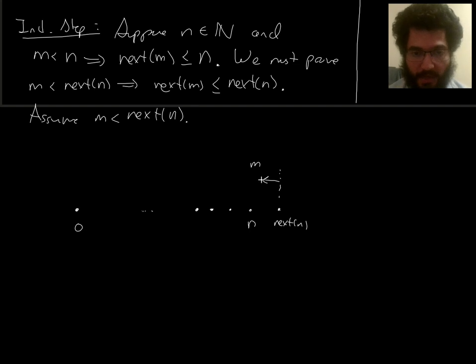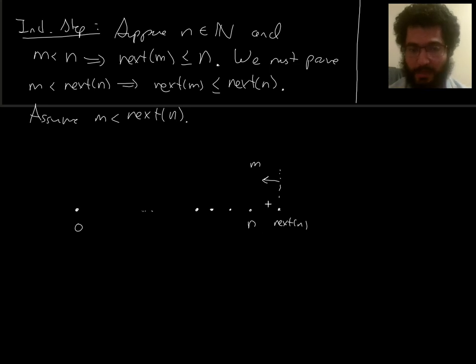Now, if I have that m is less than n, then I can make use of my induction hypothesis. So if I knew that m were actually to the left of here, then I can use my induction hypothesis. But I don't know that it is, right? It could be that m is to the left of n, or it could be that m is right there equal to n.